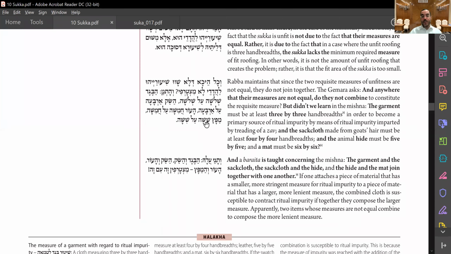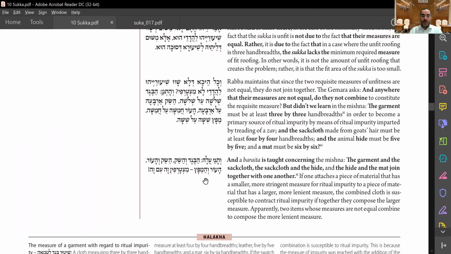So each one has a separate shiur. So now these are separate shiurim. So based on your theory that separate shiurim don't combine, if I took half of this one and half of that one and sewed them together, it would still be okay. Yet that's not true. According to the Braita, v'tane ala habeged v'hasak v'haor haor v'mapas mistarfin ze im ze. So for example, if you had only 5 by 5 of matting, and then I add another tefach of leather around it, right?